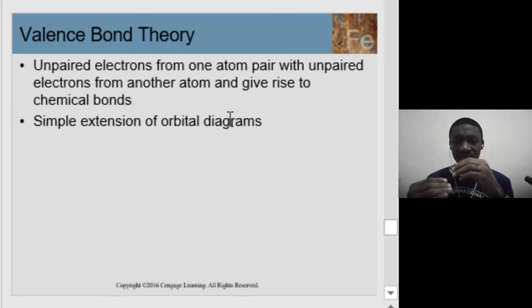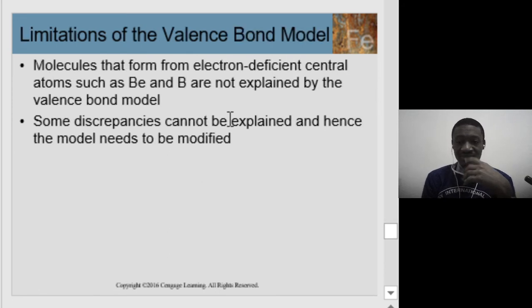The simple extension of orbital diagrams is where you can mix them up and explain what just happened. But there are limitations to valency bond models, because the molecules that are formed from the electron deficient central atoms, such as beryllium and boron, are not explained by the valency bond model.